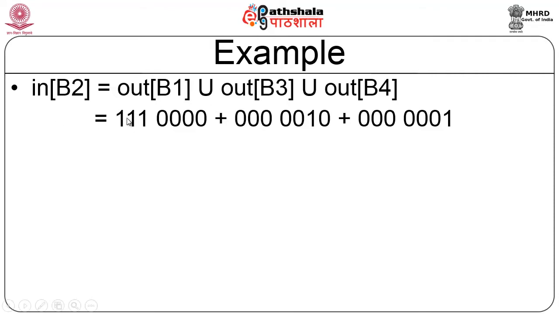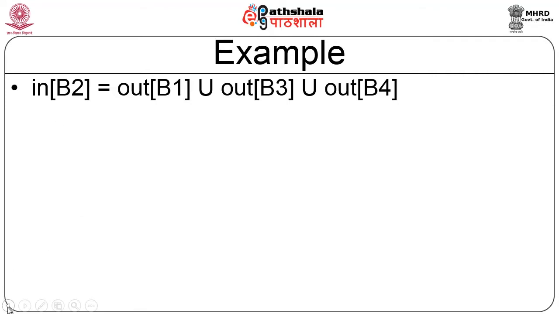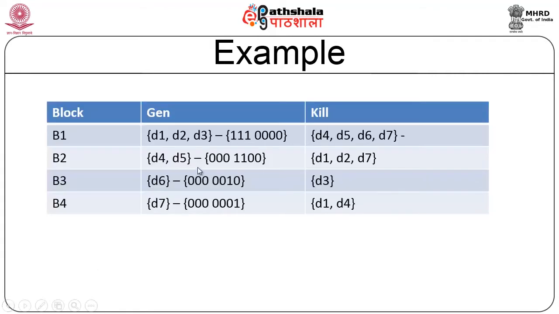So, out of B1, out of B3 and out of B4, we have assumed to start with, will have basically these 3 components only because it is equal to gen. So, out of B1 is the D1, D2, D3 bits set to 1, out of B3 is D6 set to 1, out of B4 is D7 set to 1.